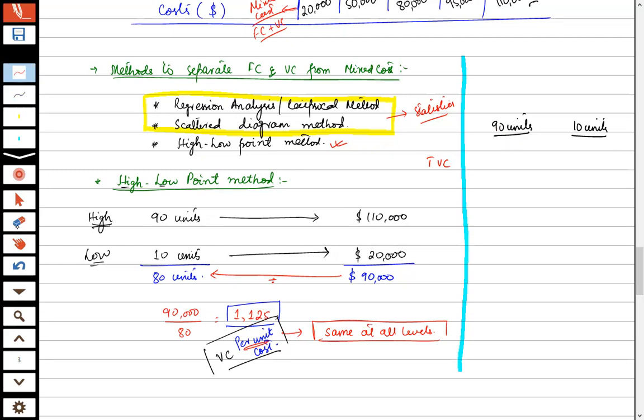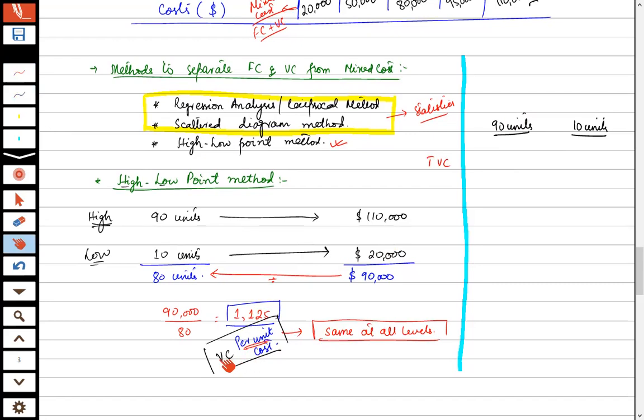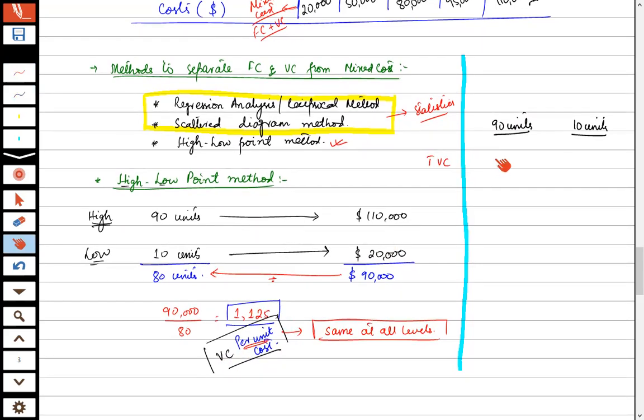If I multiply this per unit cost with the total number of units, it will give me total cost. And since this is variable cost per unit, it will give me total variable cost.